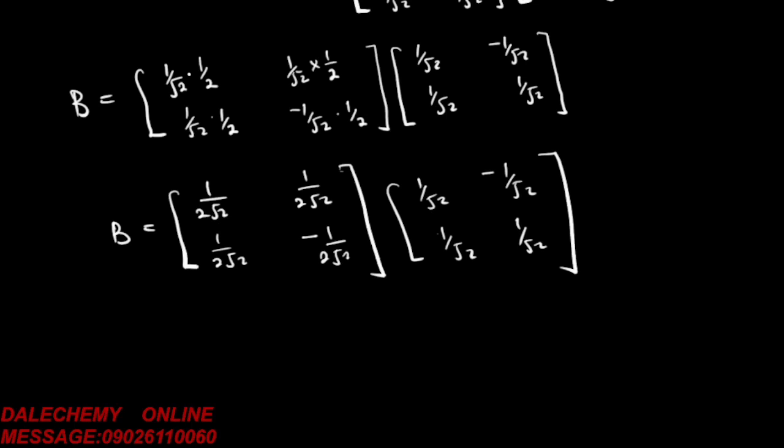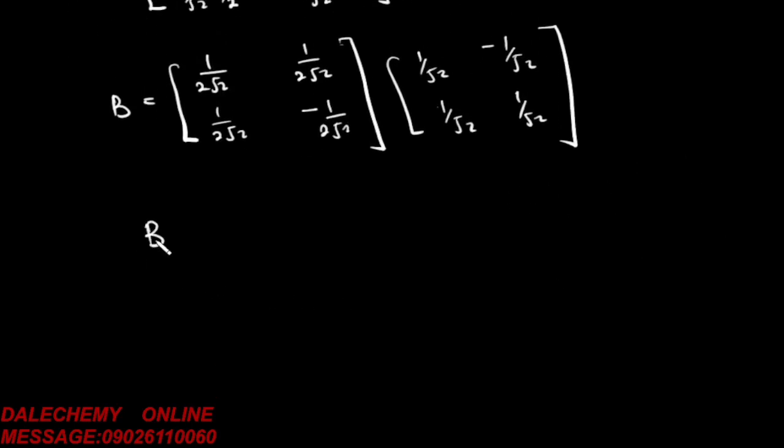Then we have B equal to this times this. So this times this will give us 1 over 4, and this times this plus this times this will give us 1 over 4 as well.